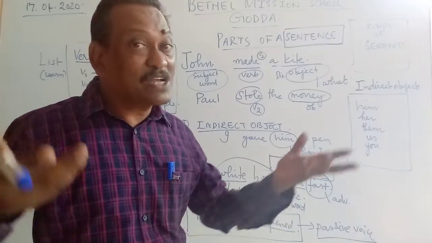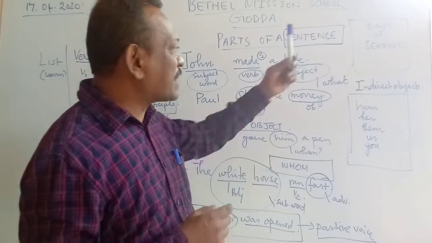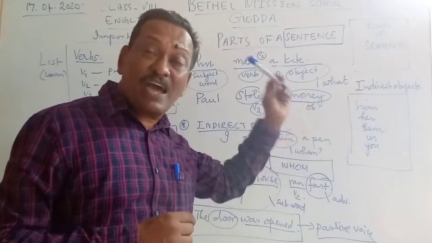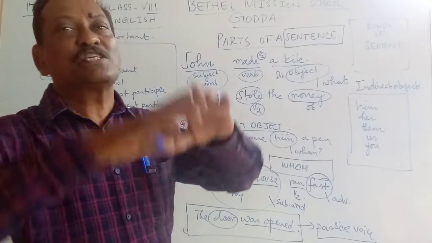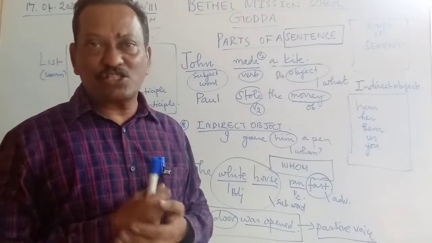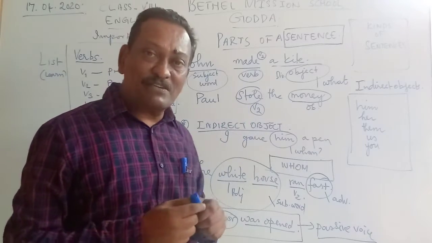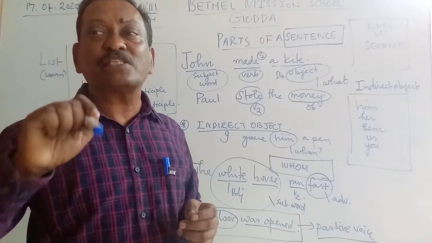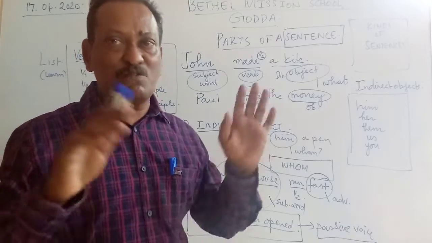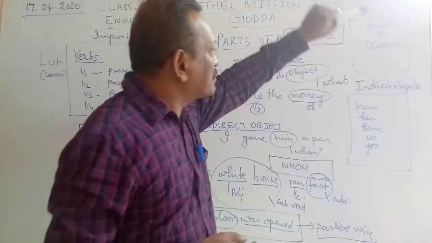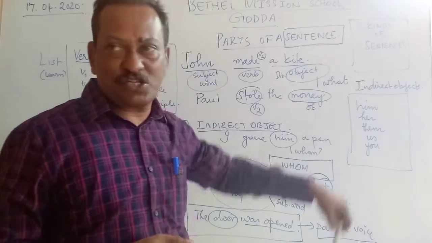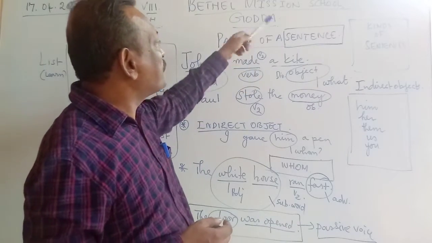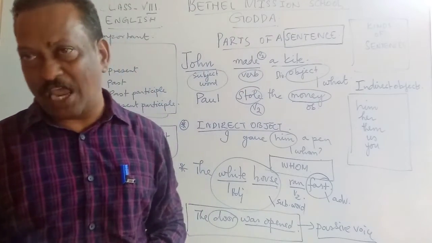Sometimes joy: how clever you are. This kind of sentence which expresses a strong feeling is known as an exclamatory sentence. And you know, an exclamatory sentence will have a mark of exclamation at the end. You must remember this. So with this recapitulation, let us get into the parts of a sentence today.